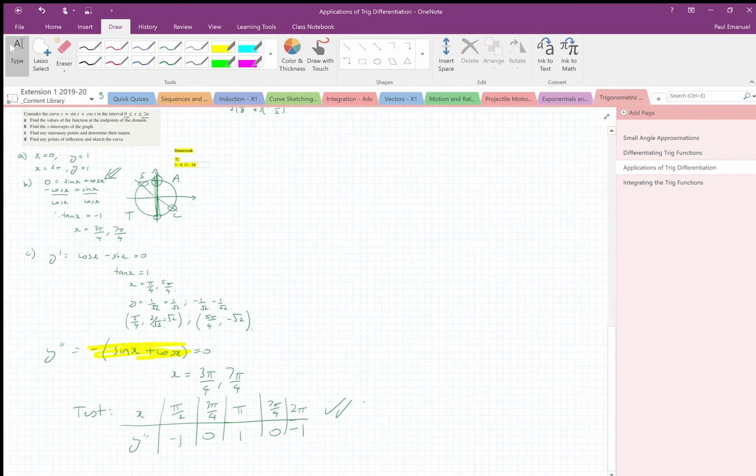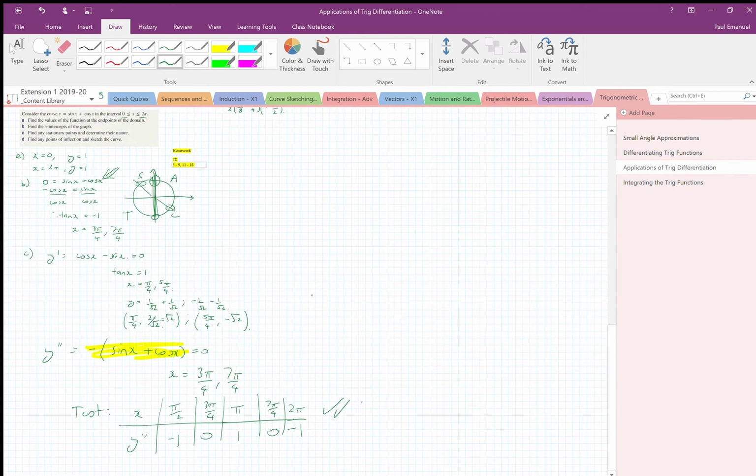And then I try my best to draw this. So here's my 1, here's my 1. I got x-intercepts at 3 pi over 4 and 7 pi over 4, so here and here.